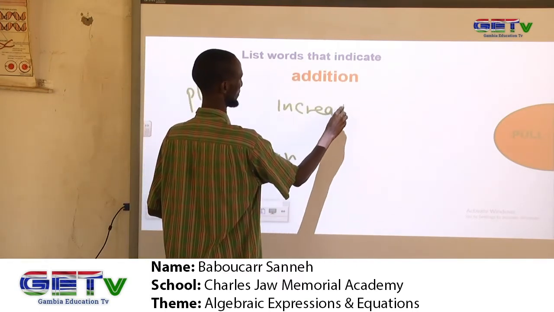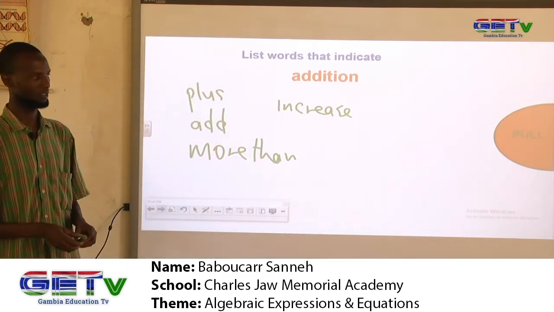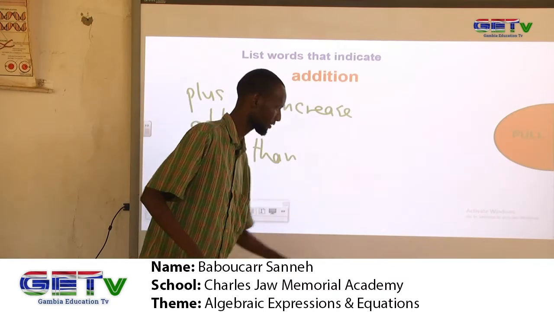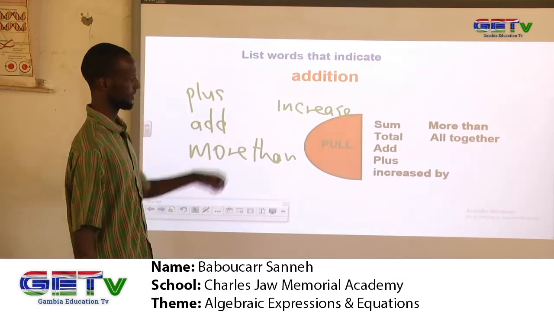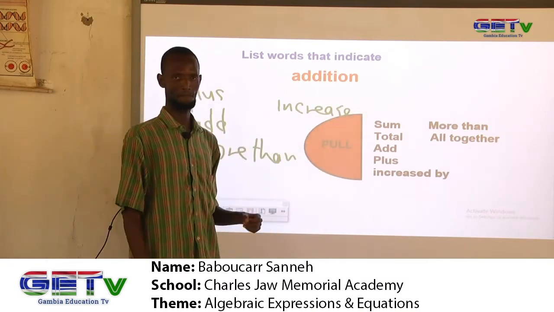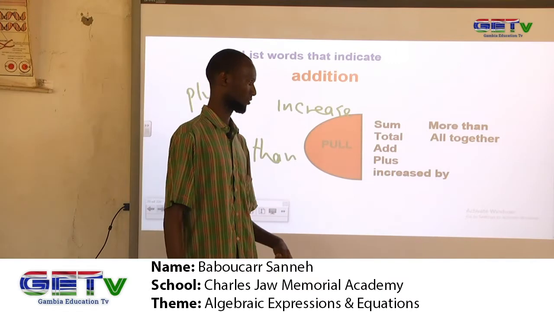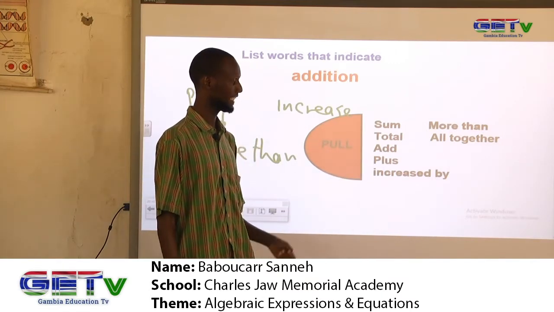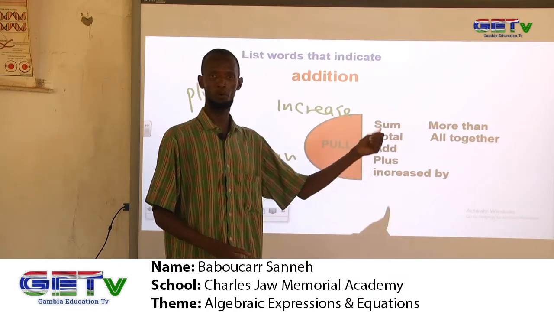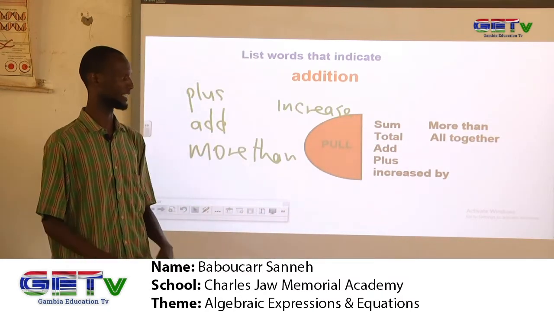Increase also indicates addition. Now, there could be a few more words than this. Looking at here, you can see the sum is addition. The total is addition. Like we said before, add, plus, increase by, more than, all together. We come across all this all the time. They all indicate addition.